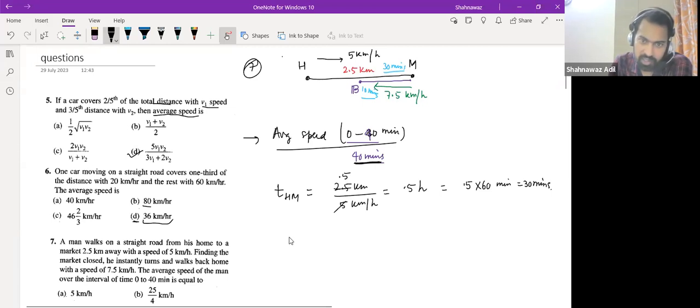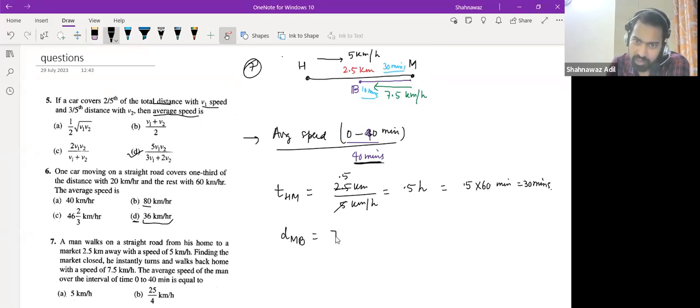So the distance from market to this B point would be the speed, which is 75 kilometer per hour, into this time, which is 10 minutes, which means we have to divide it by 60. Is that clear, guys?